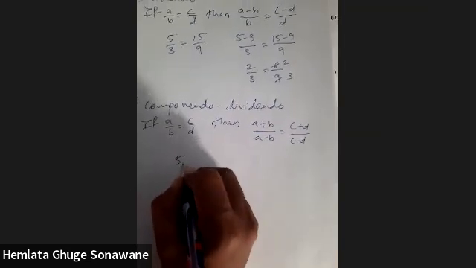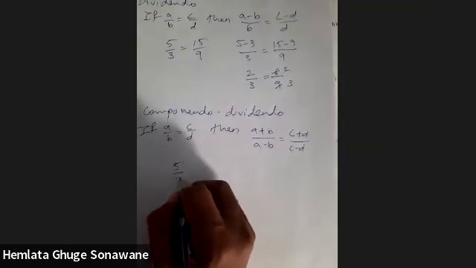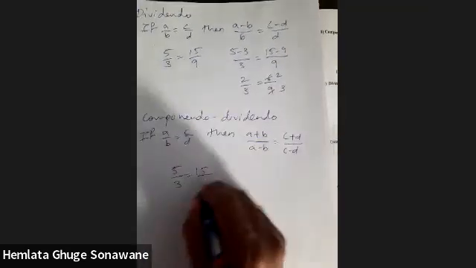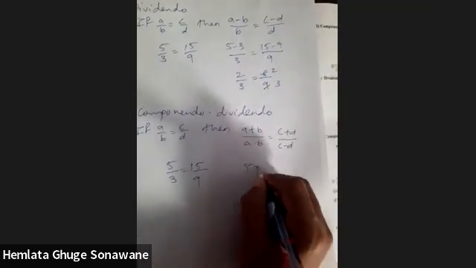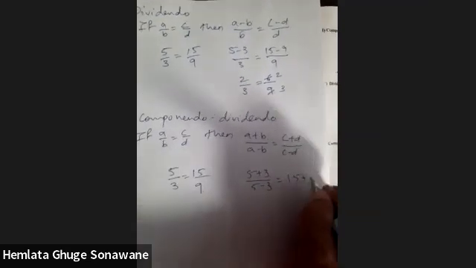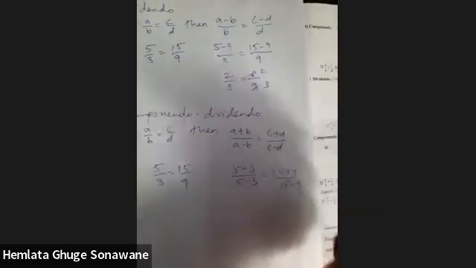Now we'll take the value of A as 5, B as 3, C as 15, D as 9. We'll put these values: 5 plus 3, 5 minus 3, 15 plus 9, 15 minus 9.